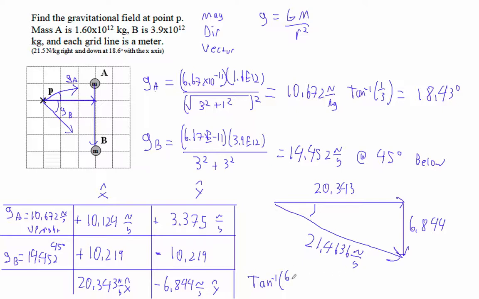And then my angle is going to be the inverse tan of 6.844, the opposite side, right? Divided by the adjacent side, 20.343. There we go. Okay, so inverse tan of the 6.844 divided by the 20.343.